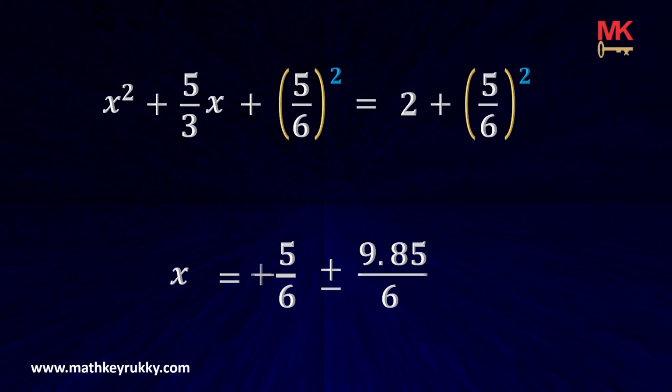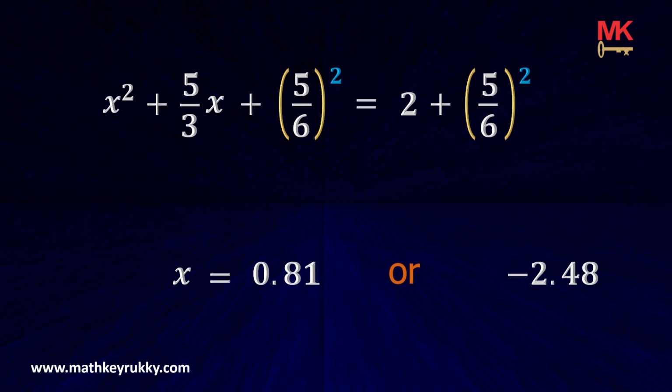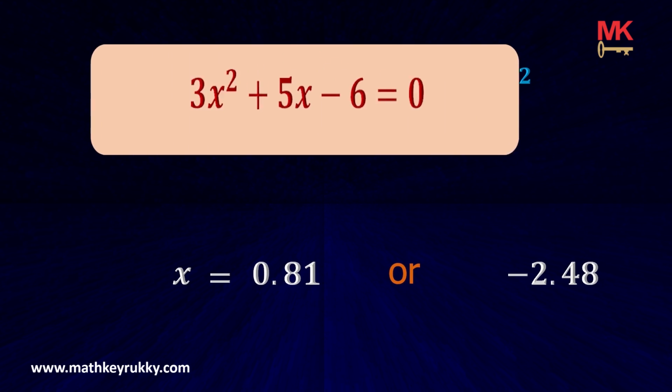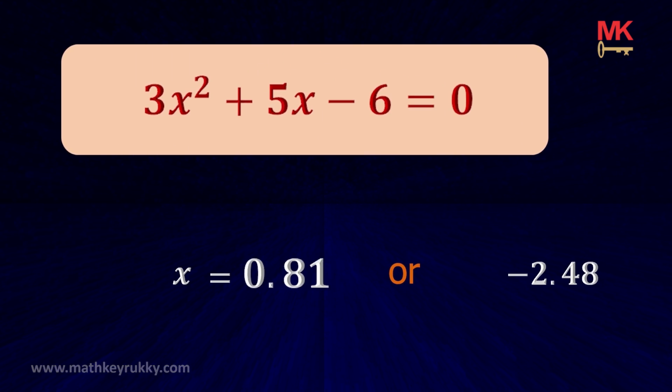Therefore, x equals minus 5 over 6 plus or minus 9.85 over 6. Hence, x is approximately 0.81 or minus 2.48 after dividing. Therefore, the solutions of the quadratic equation are 0.81 or minus 2.48.